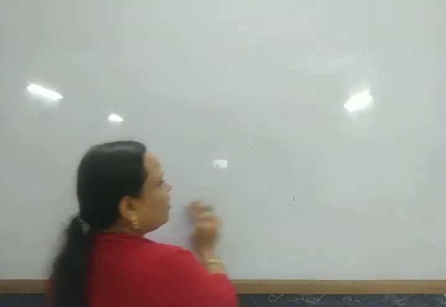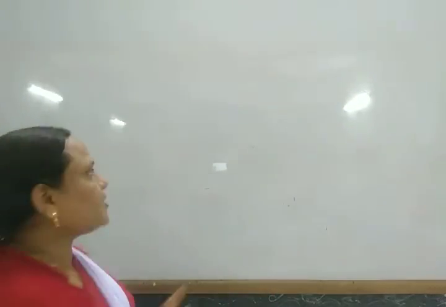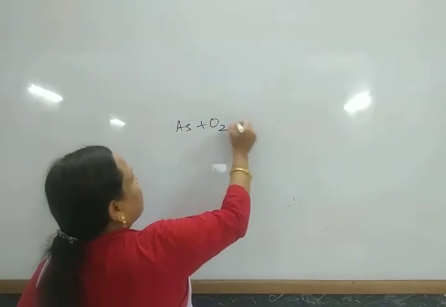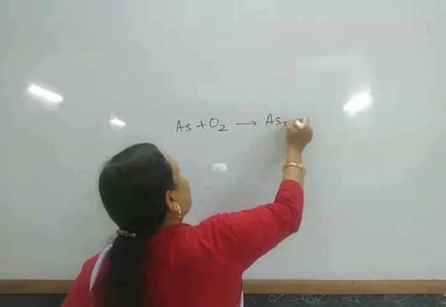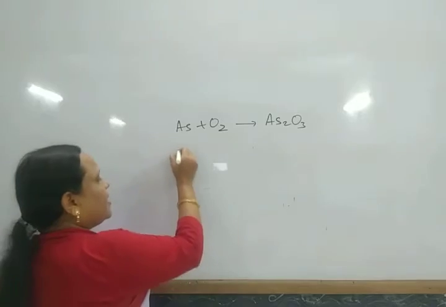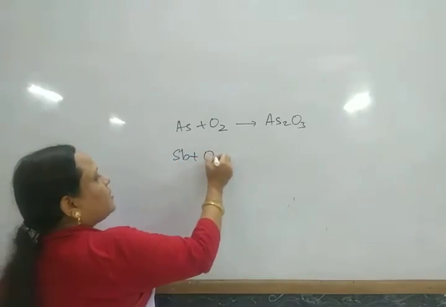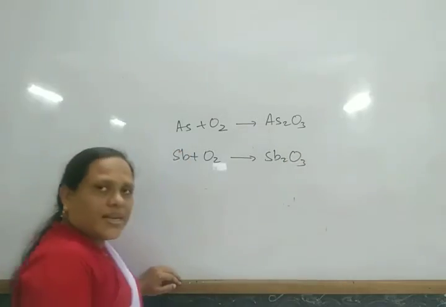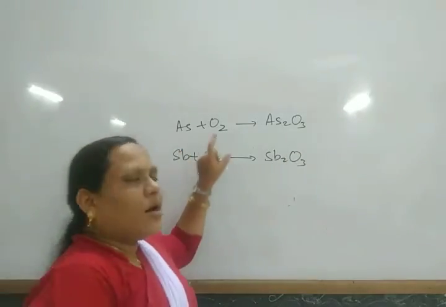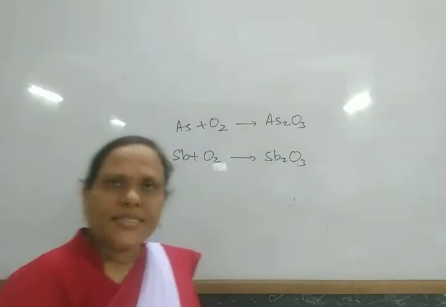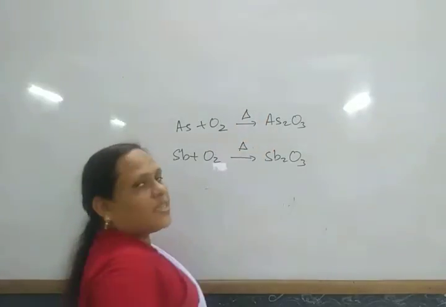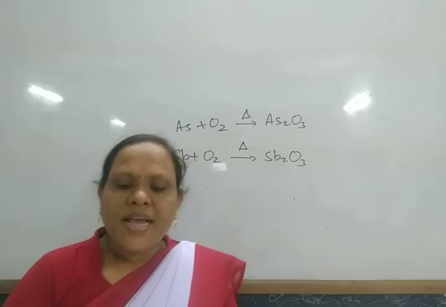They form the corresponding oxides, like arsenic plus oxygen gives As2O3, and Sb plus oxygen gives Sb2O3. So with almost all elements, when heated with oxygen, it forms corresponding oxides.